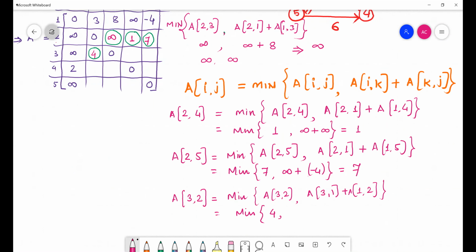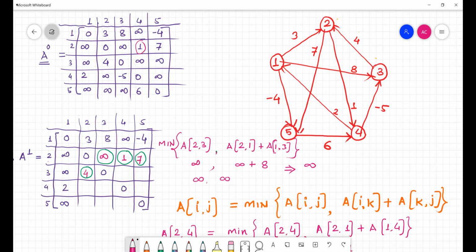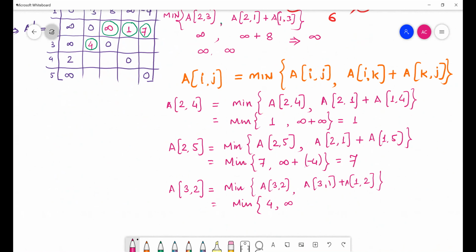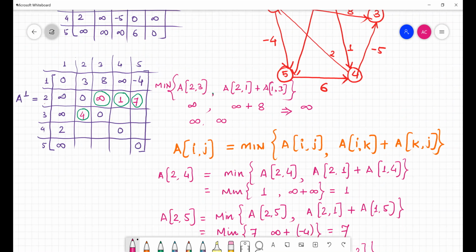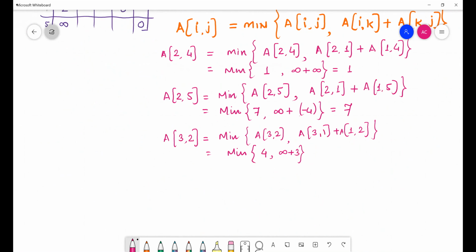And 3 to 1 is how much? Infinite. Plus 1 to 2 is also 3. So the minimum is 4. So we'll keep 4 there.